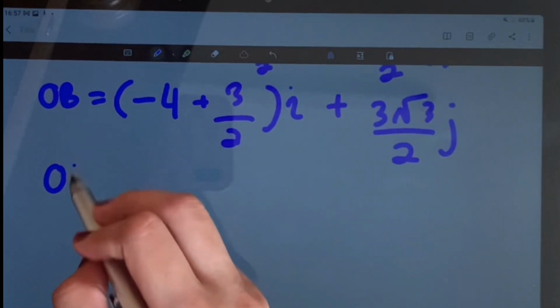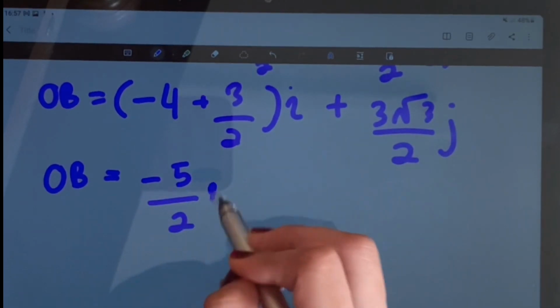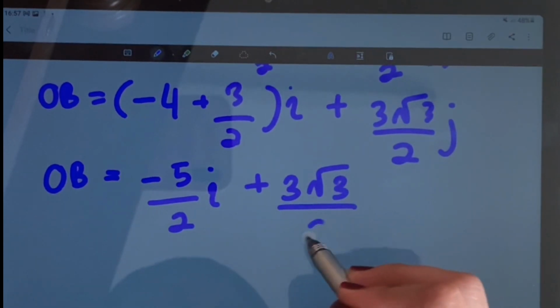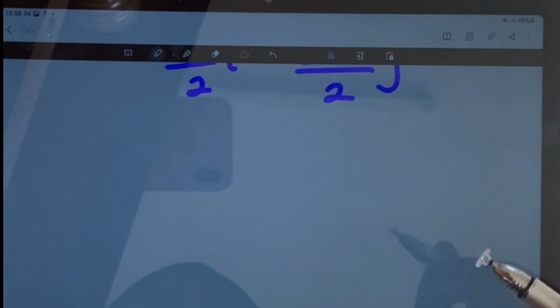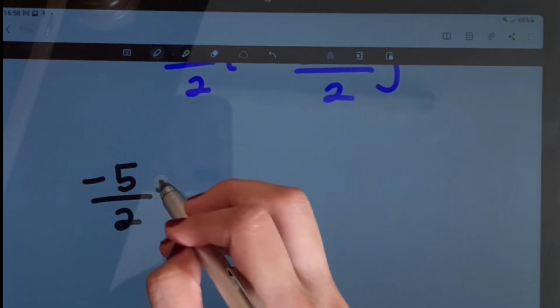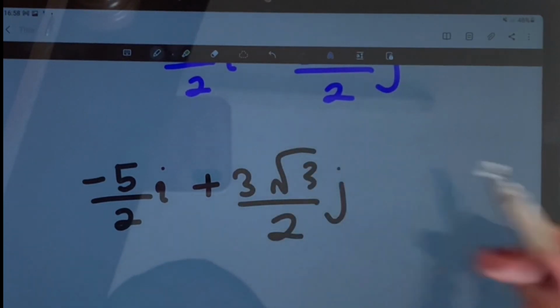And we get OB equals negative 5 over 2 i plus 3 square root of 3 over 2 j. Therefore, the girl's distance from her starting position is 5 over 2 i plus 3 square root of 3 over 2 j.